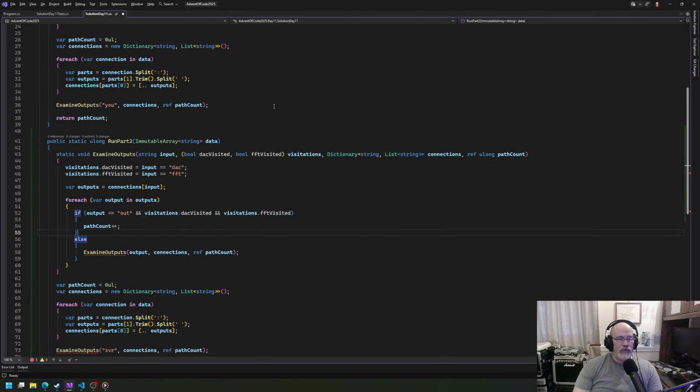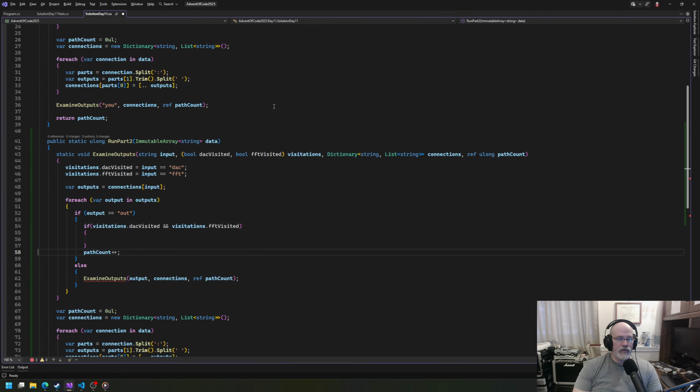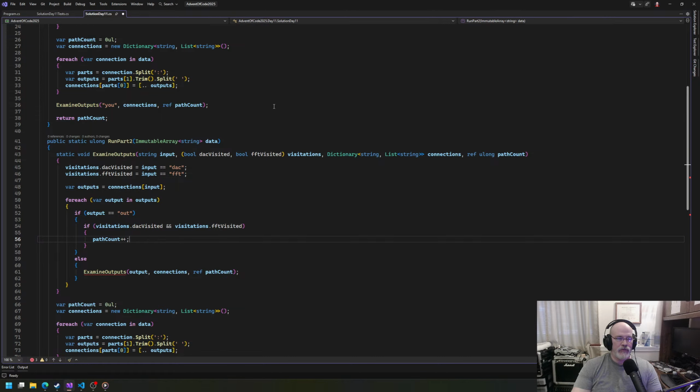Okay, so if it's out, let's do this. We don't want to continue on because we are done here. The thing we want to check, though, is the count. That's important. We have to do that in 2 steps. Otherwise, we're going to take that output and pass in visitations, the connection, and the path count.